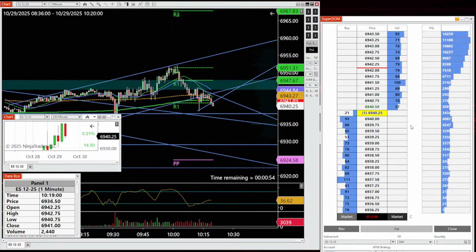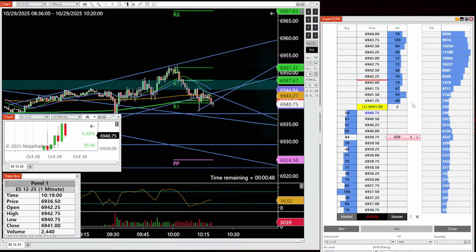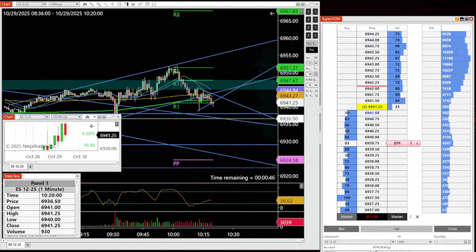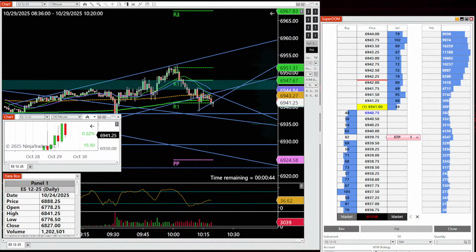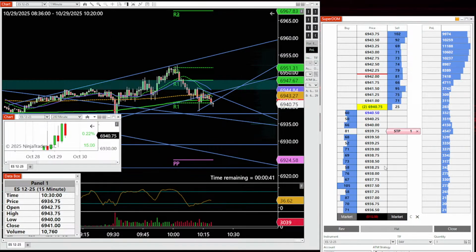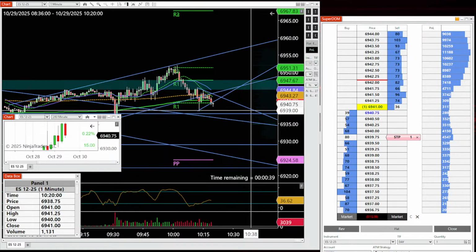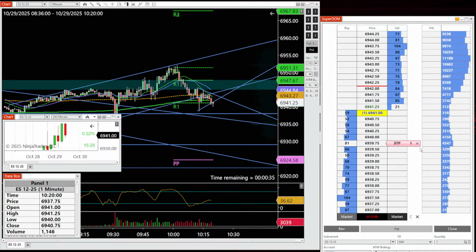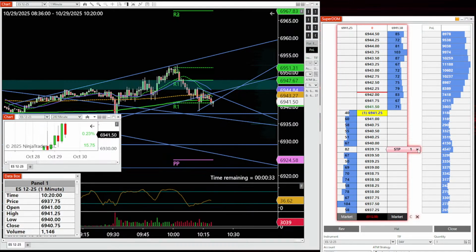If it breaks the 40, I'm going to take it. Order submitted. It may get me out because we're still bullish. We're still bullish. May want to take the break of 38, but we're still bullish.